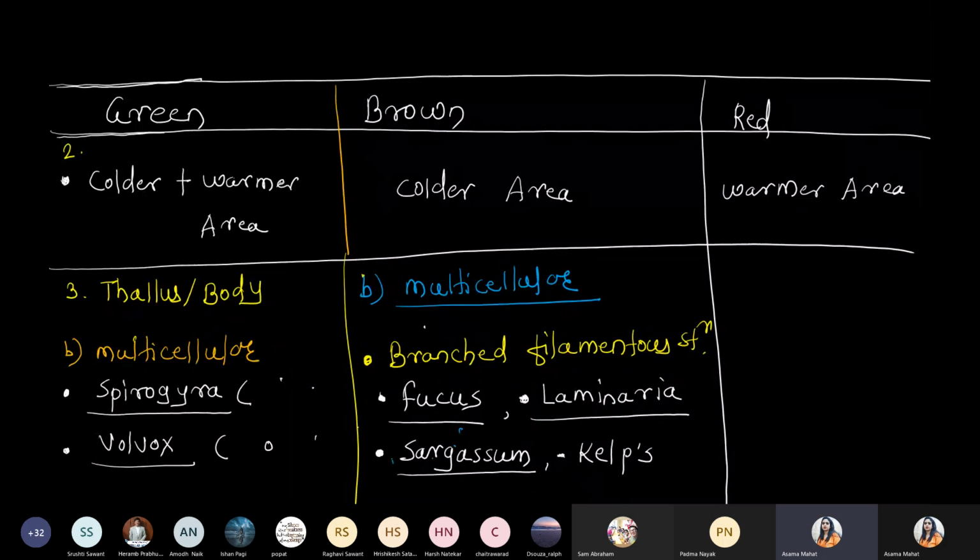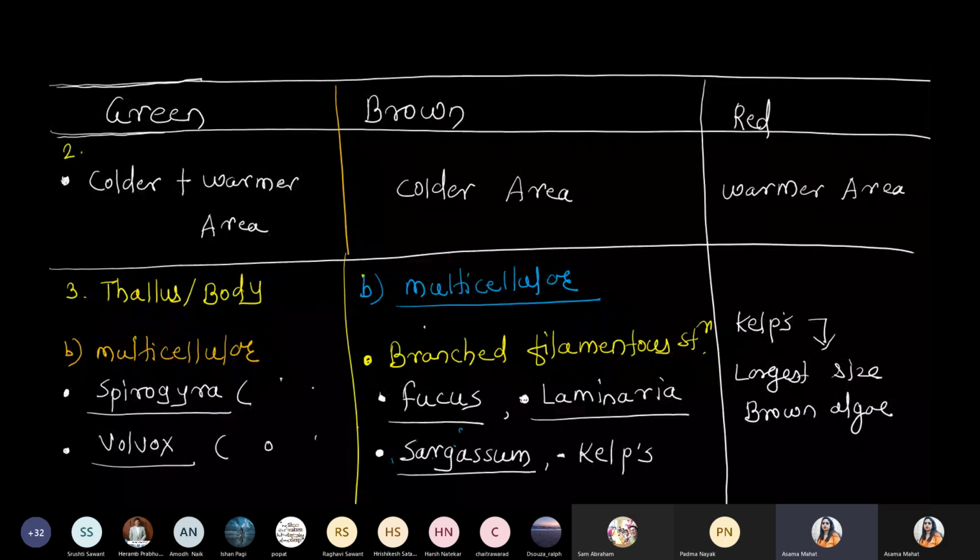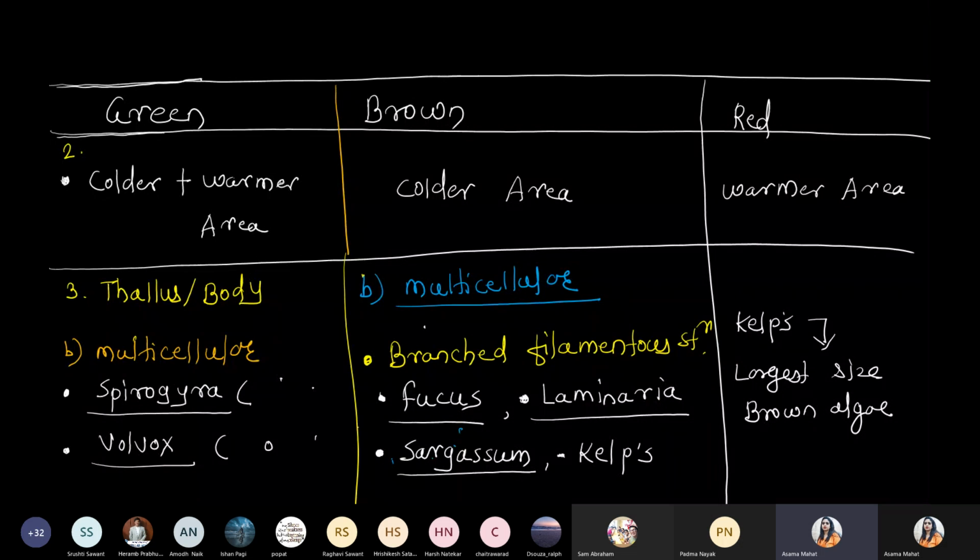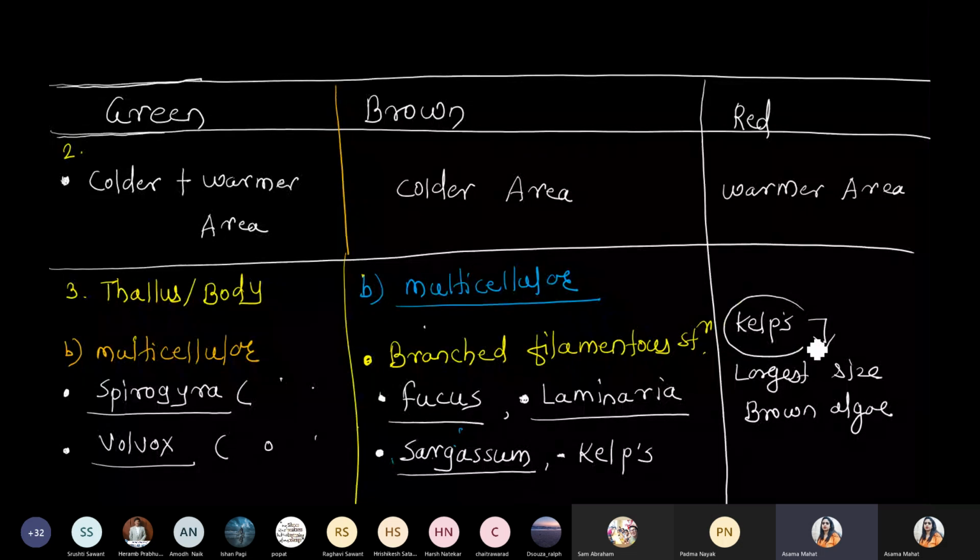So when we are talking about this condition, I'm writing such information here, okay? Please write down below the kelps. Kelps are nothing but the largest size brown algae. And I hope you remember during the extra classes we already discussed approximately 100 meter. These are the size of some brown algae having height up to 100 meter. So that largest size is simply represented by a single word, called the kelps word.